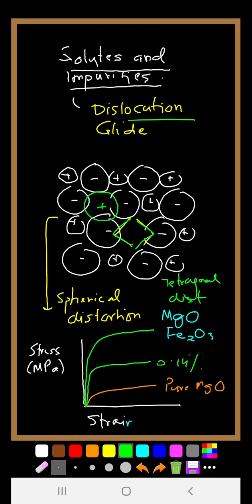Say this is 0.55 percent doping of Fe2O3 into magnesium oxide. So you can see that due to precipitation hardening, you have higher UTS, tensile strength. The strength of the material increases.